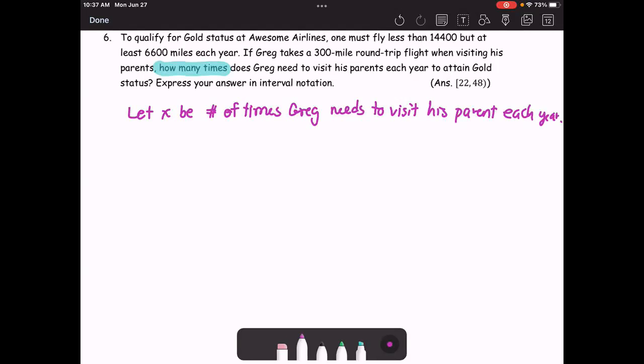So each trip he will earn 300 miles. That means the total miles each year are going to be 300 multiplied by x.